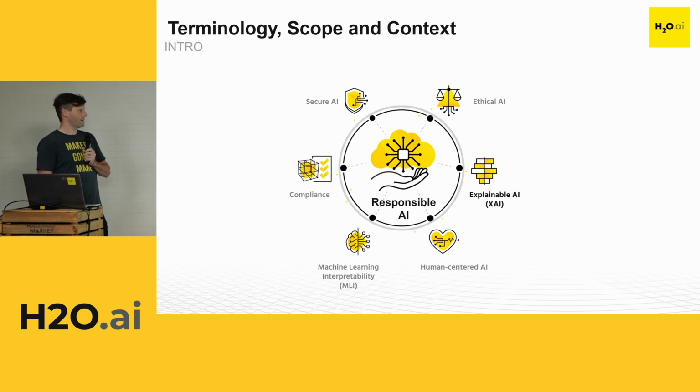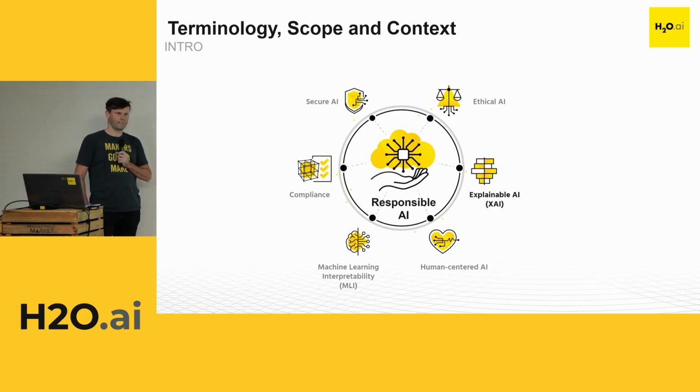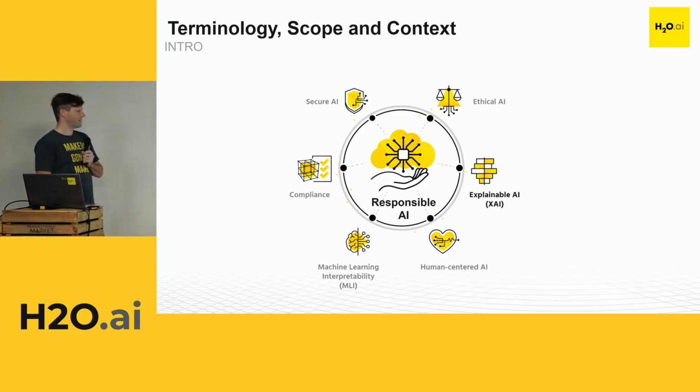There is the secure AI aspect, which aims to help model creators to avoid creation, for instance, of vulnerable models. The compliance aspect of responsible AI is important for any regulated industry like healthcare, insurance, finance, or government, for instance.